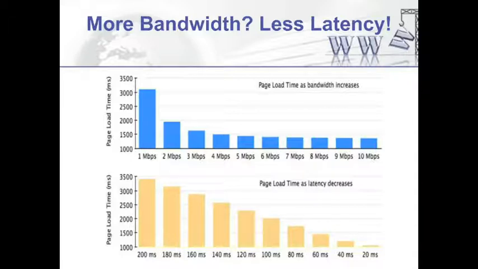And this is really, really important for understanding performance. In that top graph, we talk about what happens when bandwidth increases. So you can see our response times here at 1 megabit per second, 2 megabits, up to 10 megabits. And you can see immediately that once you get to about the 5 megabit limit, we see startling diminishing returns for increasing bandwidth.